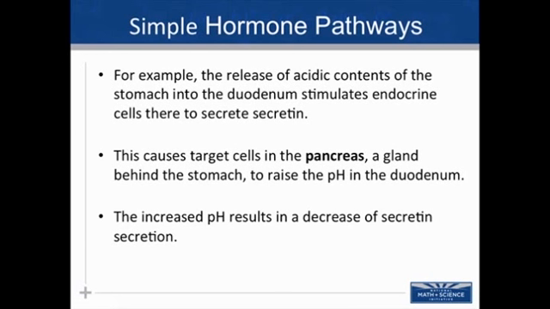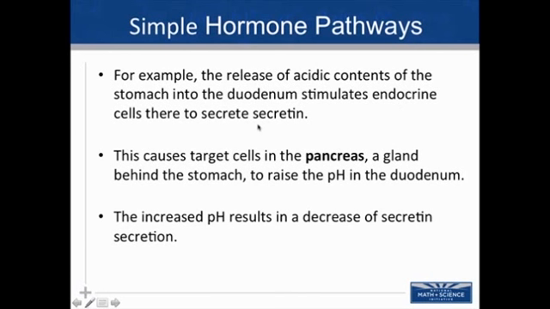Now that acidy chyme is going to move into the small intestine. The small intestine doesn't have that same adaptation to protect it from acids, and so the acid serves as a stimulus for the endocrine cells that are found in the small intestine. They're called S cells, and they will secrete a hormone called secretin.